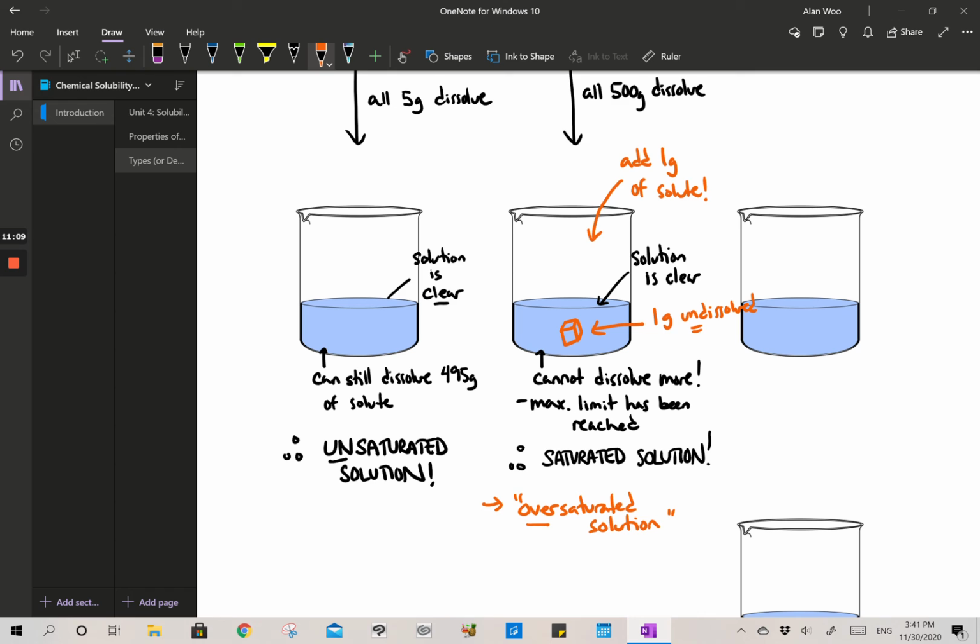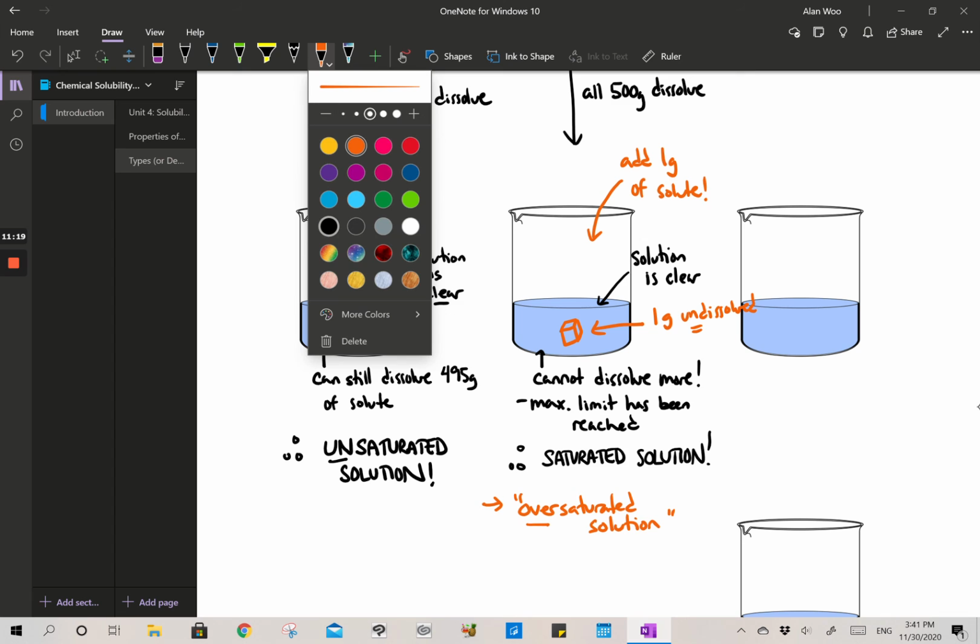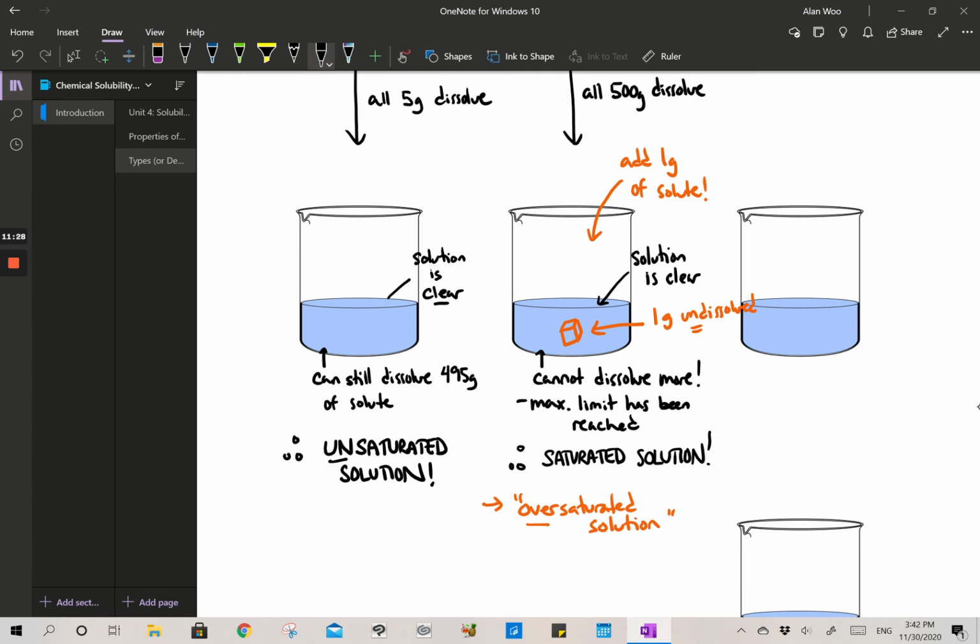Most people sometimes do use these two terms interchangeably, but there's a very subtle difference. So the unsaturated part is basically just the solution without any solid, and the oversaturated part is basically a saturated solution with precipitate.